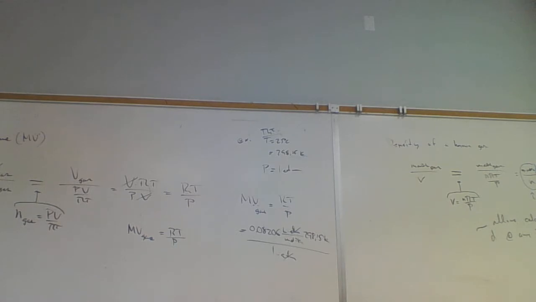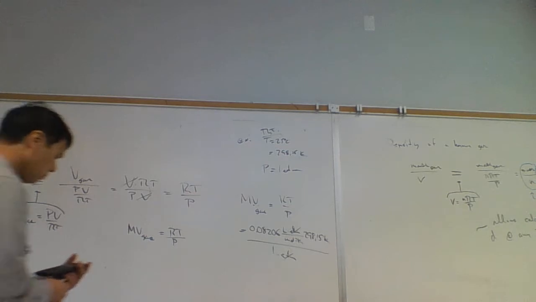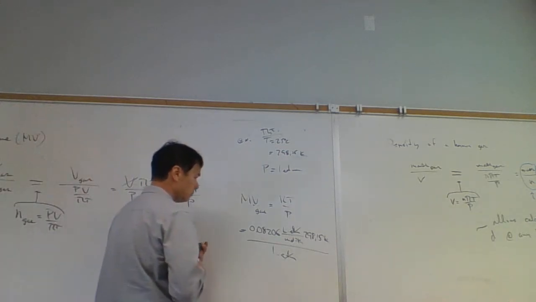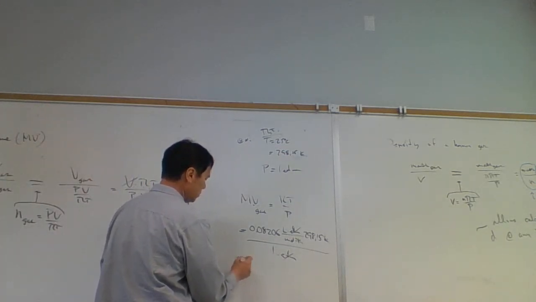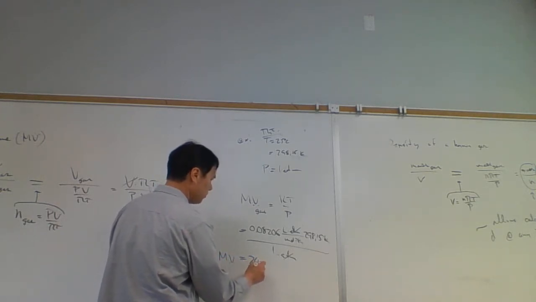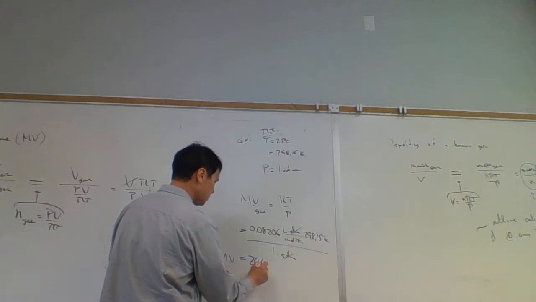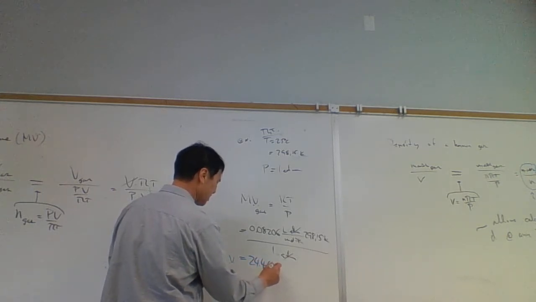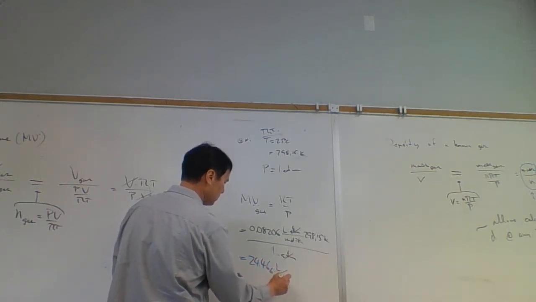And so I'm going to go ahead and punch this out. 0.08206 times 298.15. It's 24.466. And so the molar volume, probably this is what you need to know: 24.466 liters per mole.